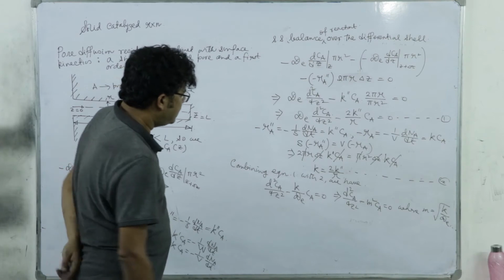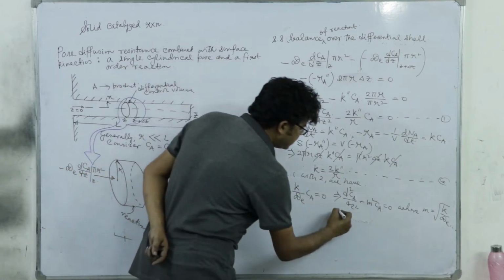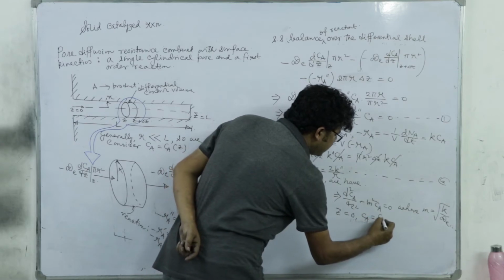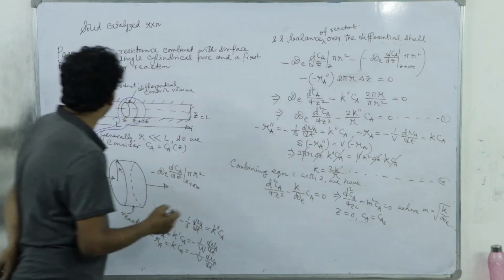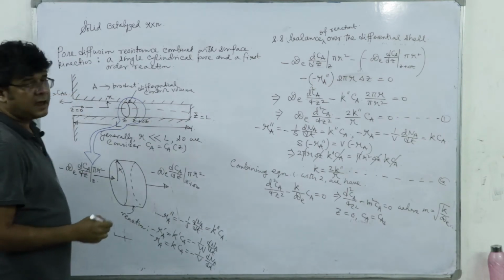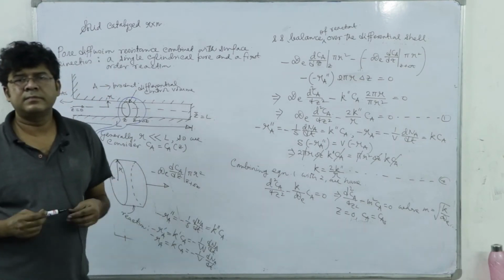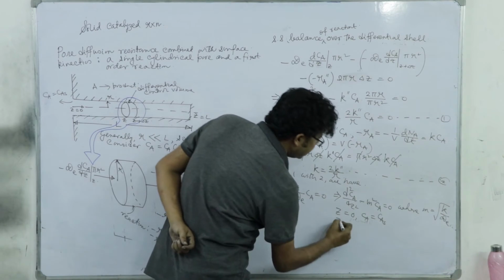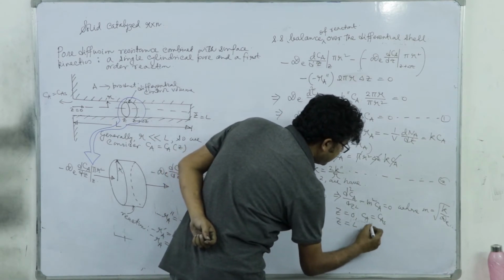Right. So, here this is to be solved, and my boundary condition is z equal to 0, Ca equal to Cas. At the pore mouth, what is the concentration? Here, Ca equal to Cas. And at z equal to L, it's a dead end, so there will be no further diffusion.